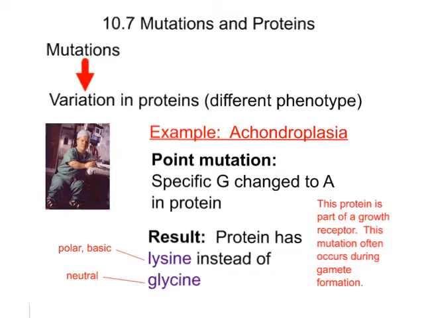So that specific point mutation in the base results in a different amino acid being produced in that protein. That protein happens to be part of a growth receptor, so it functions differently when glycine is there instead of lysine. Lysine is polar and basic, glycine is neutral, and they behave very differently.